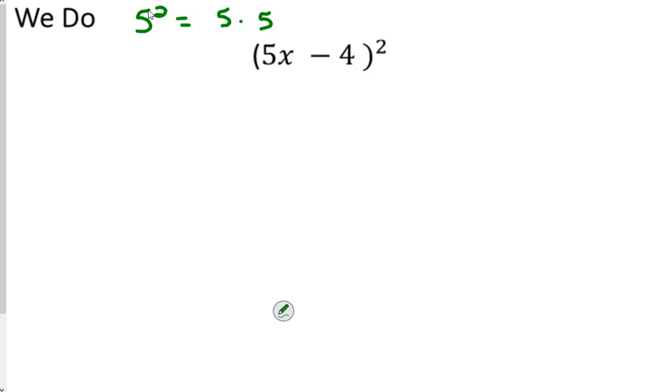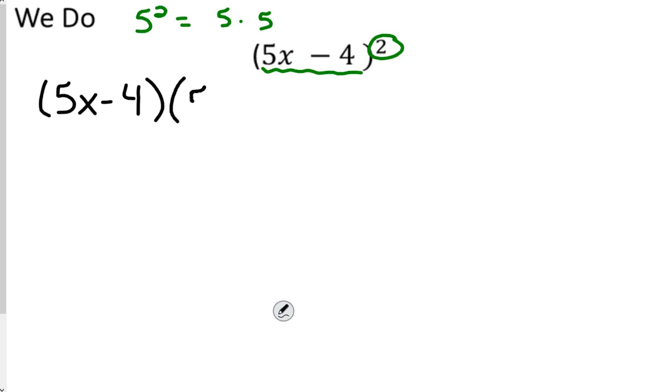So if I have (5x minus 4) squared, that is saying that I'm going to take this term and write it out that many times. So to get my actual problem, I would write (5x minus 4) twice. That is how you set up your problem when you have it written like this.